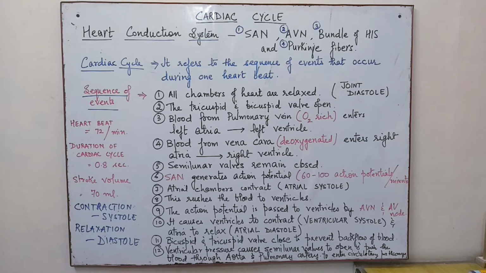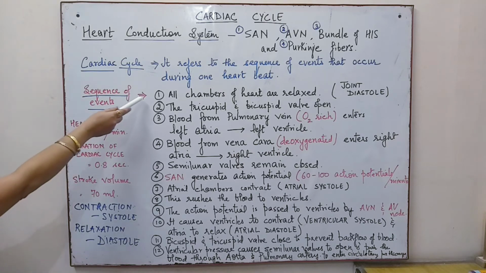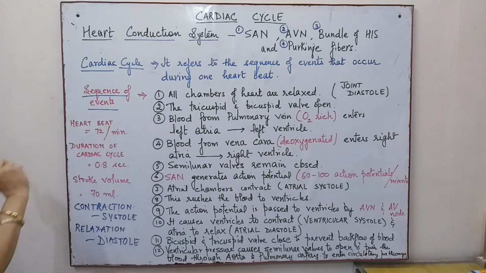Let us begin. The first is when all the chambers of the heart are relaxed. Since all four chambers, the two atria and the two ventricles, are relaxed, we call it the joint diastole period, because there is no contraction taking place. All the muscles of the heart are relaxed.